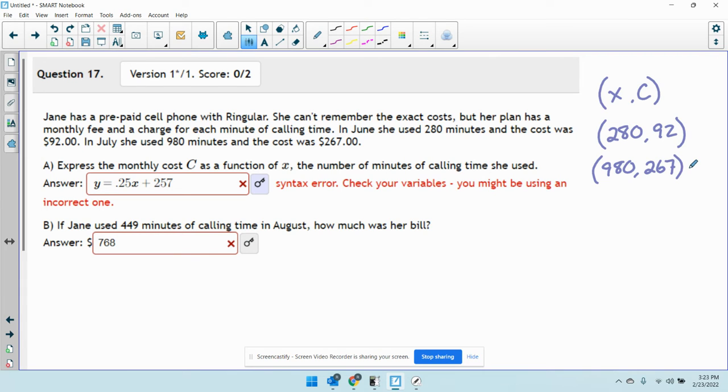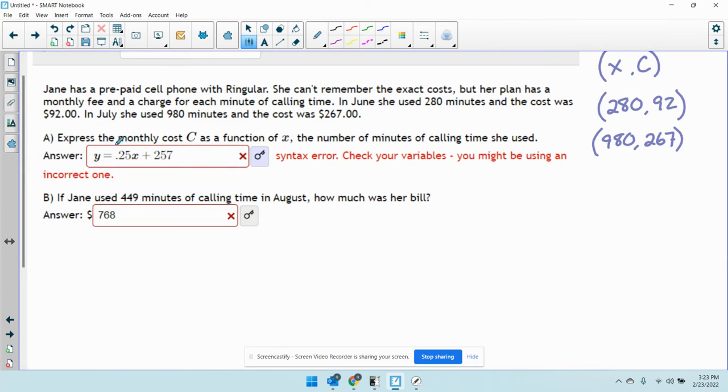Okay. The first thing you want to figure out is what's the slope. The slope is going to be this number here in front of the x. So our slope formula is y2 minus y1 over x2 minus x1. We get y2 is 267 minus 92 over 980 minus 280.